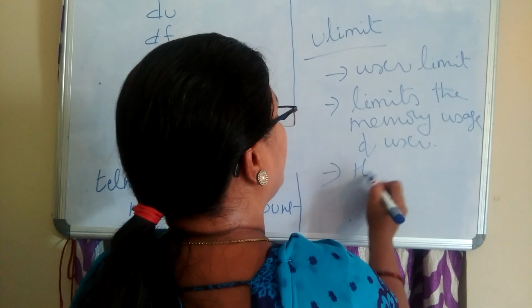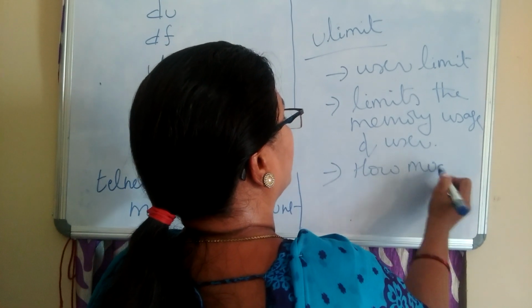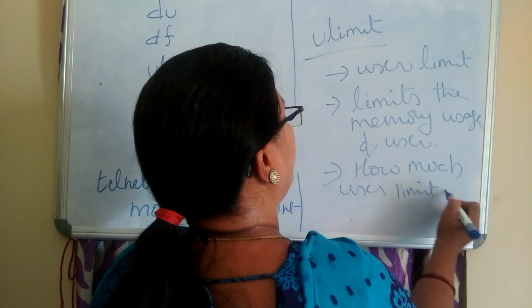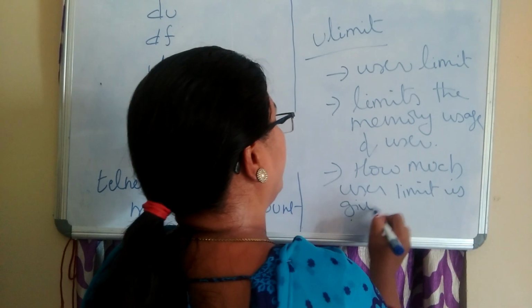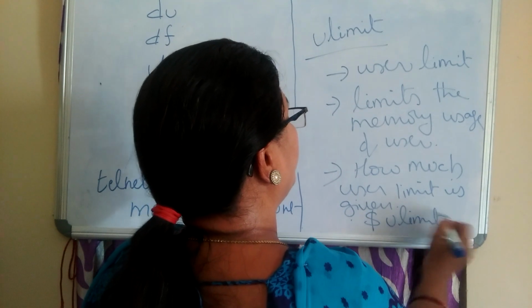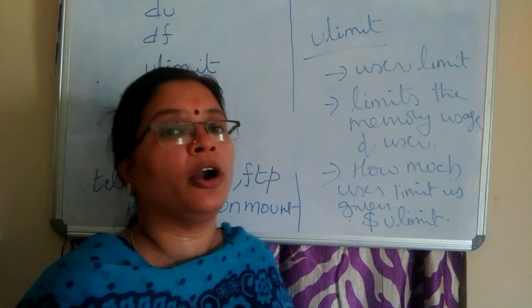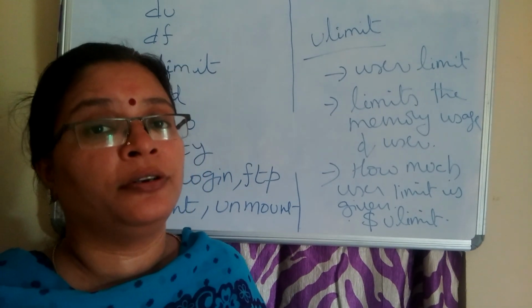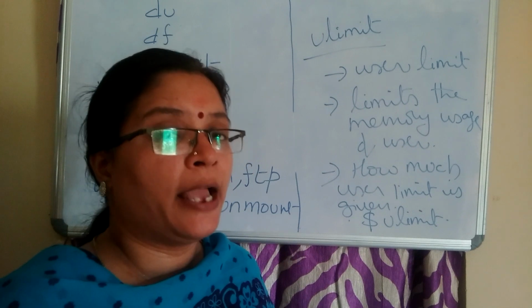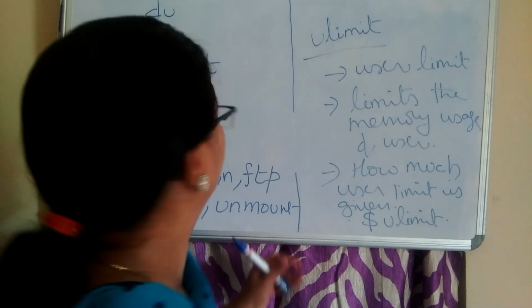How much limit is given to the user? Simply you type ulimit at the dollar prompt. It displays the information regarding the user limitation in the memory: how much he has to utilize, how much he has utilized. Next.